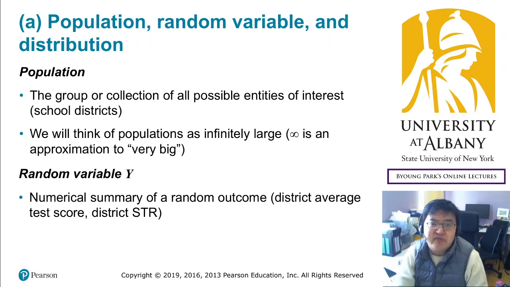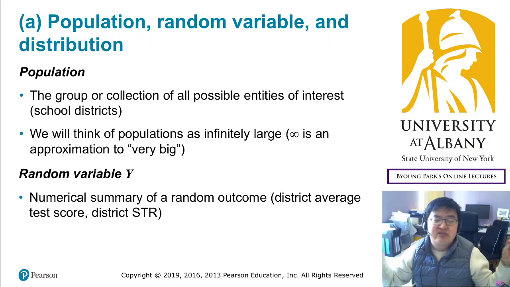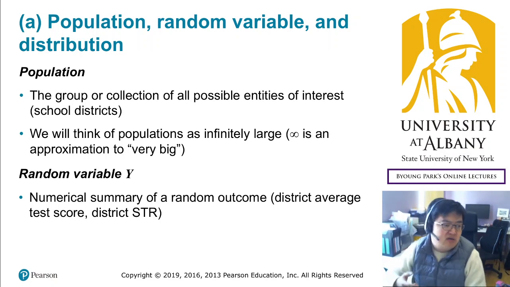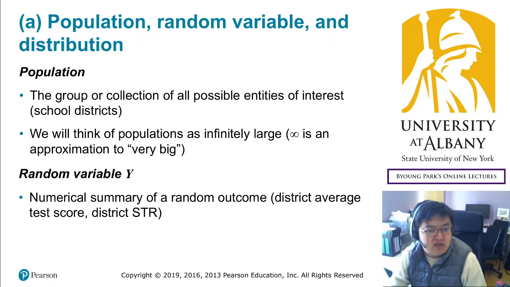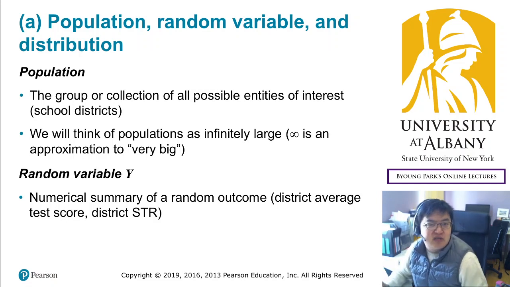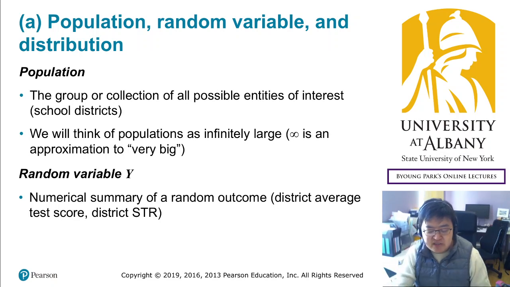For example, in our previous example, the population is every school district we are interested in. If you are a California governor, then school districts in California. But say I'm the New York State Secretary of Education, then I would be interested in all the schools in New York State. So depending on what you are interested in, the population is automatically set.